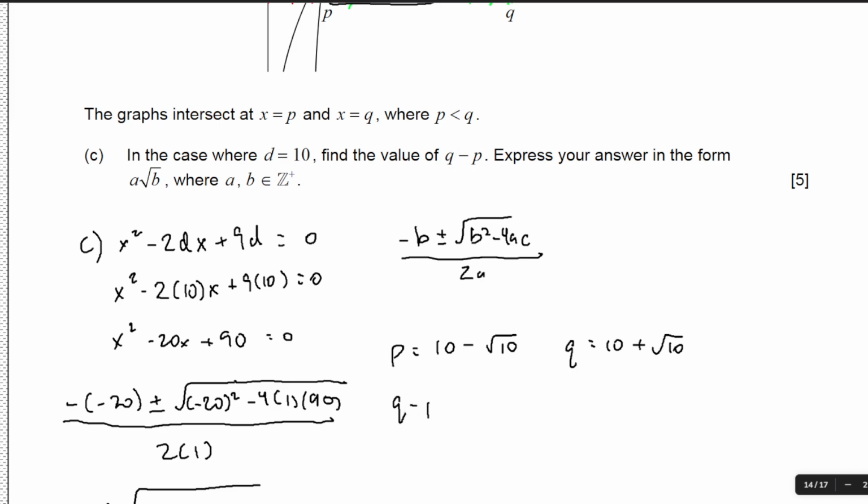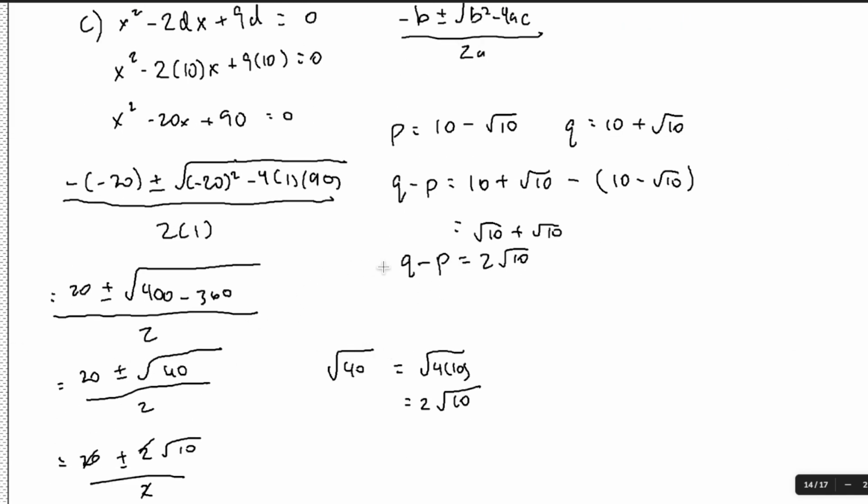So Q minus P is equal to 10 plus root of 10 minus 10 minus root of 10, in which we would get root of 10 plus root of 10, which is the same as 2 root of 10. And this is our answer.